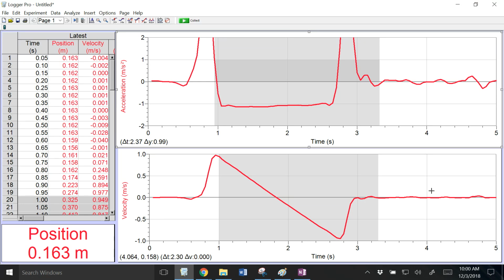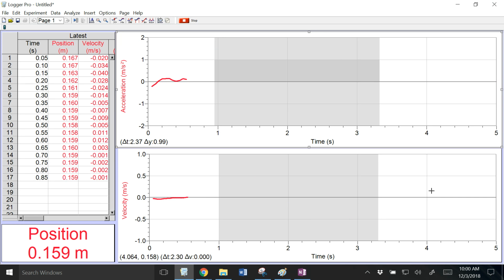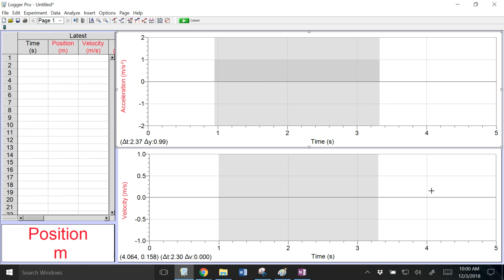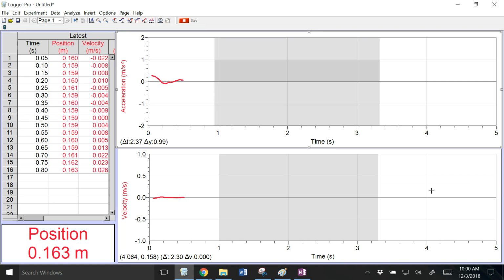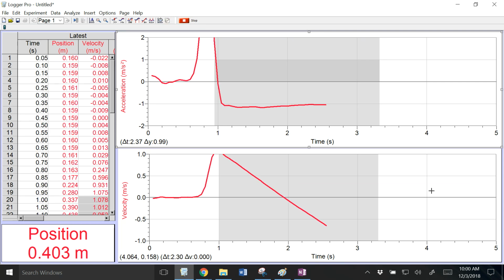Wonder if I can get a slightly better version of this graph. About as good as it gets.